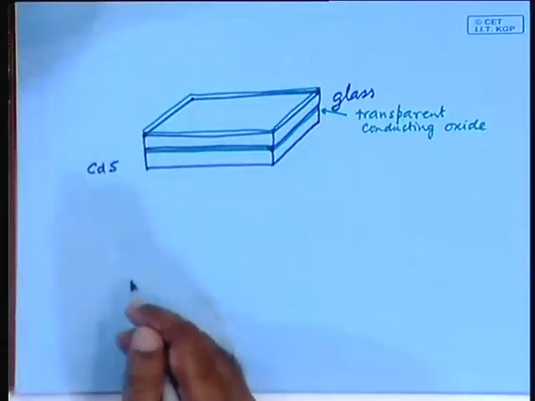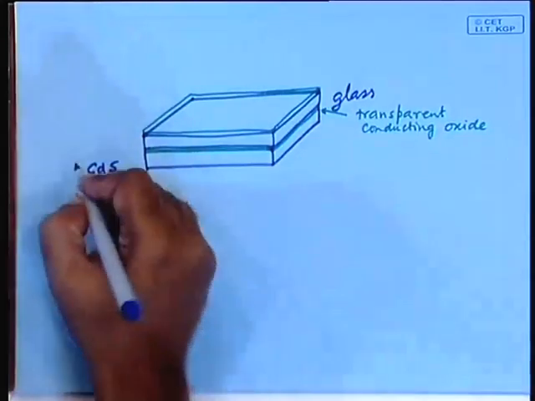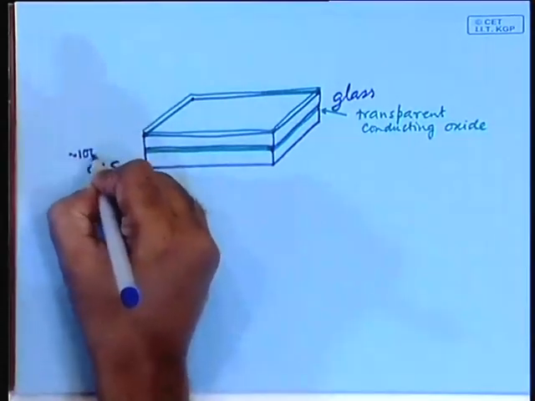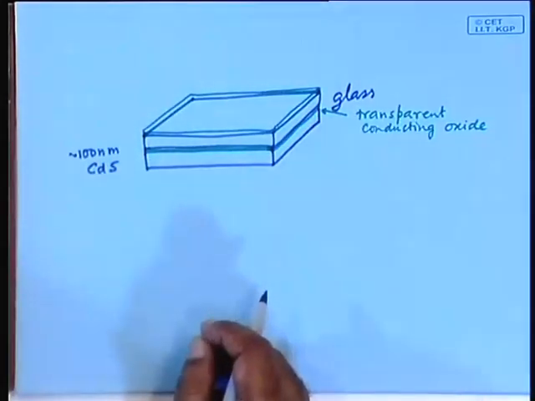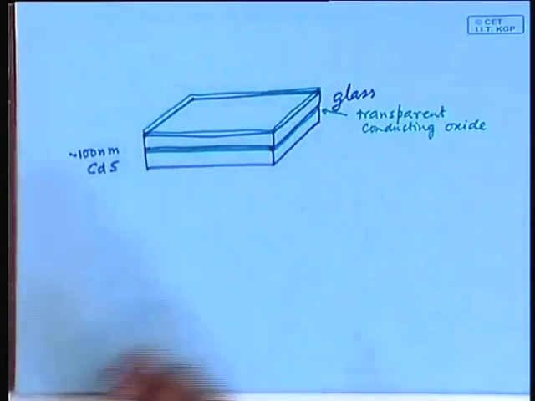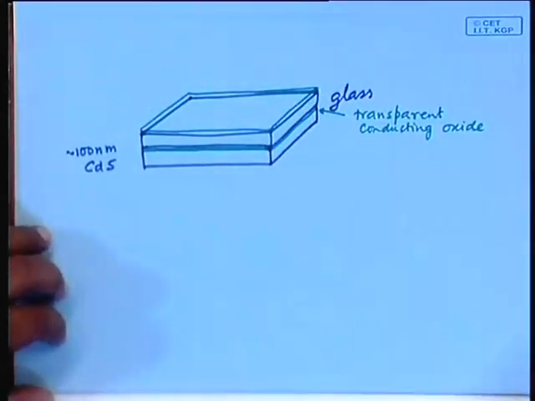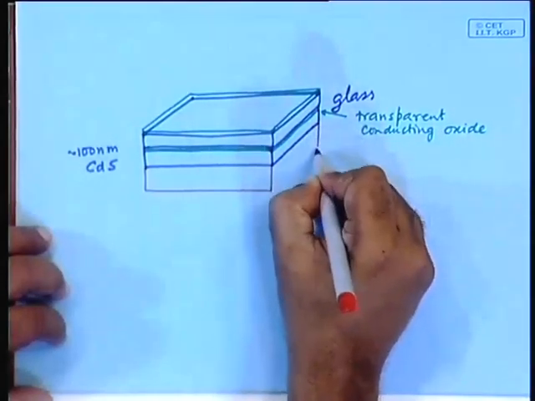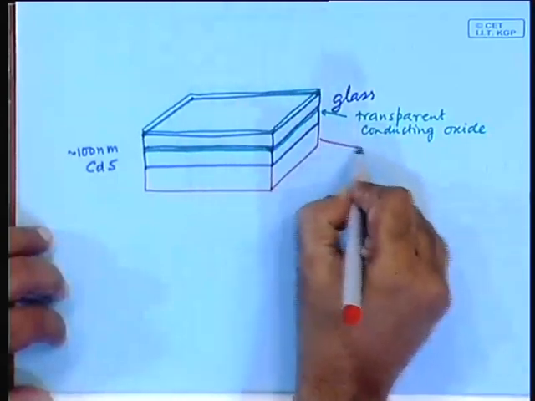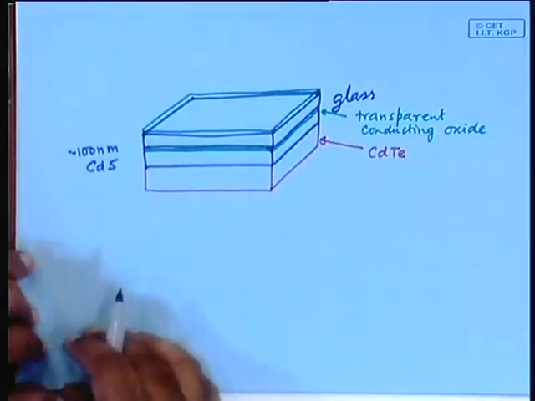Now, then you have the cadmium sulphide layer. First you have the cadmium sulphide layer, it is about 100 nanometers, very thin. Now, below the cadmium sulphide layer you have the main material, cadmium telluride.